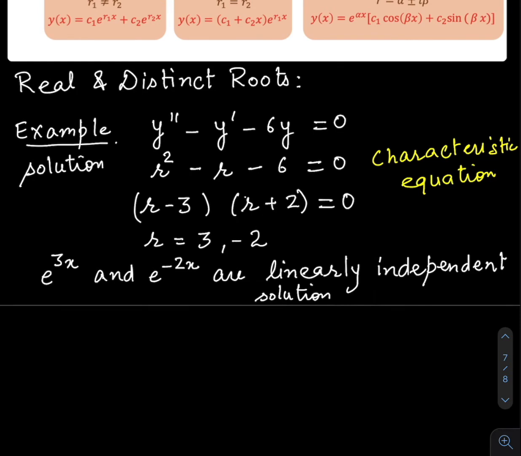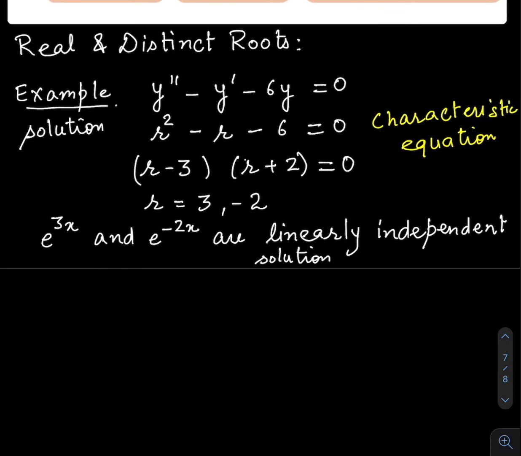And if you remember, we talked about it, the number of linearly independent solutions is going to be equal to the order. Here the order is 2, so we have two linearly independent solutions. Every other solution will be a linear combination of these two.